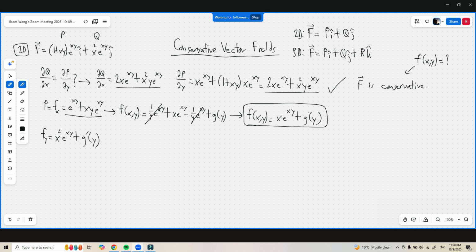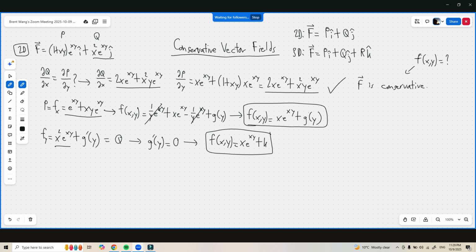And f sub y is equal to Q, and by comparison, that implies that g prime of y is equal to 0. So in this case, that means that f of xy is equal to x e to the xy plus k, or c, or some constant. So now we have our scalar function here.